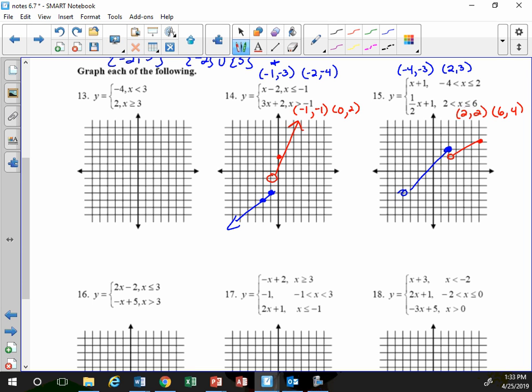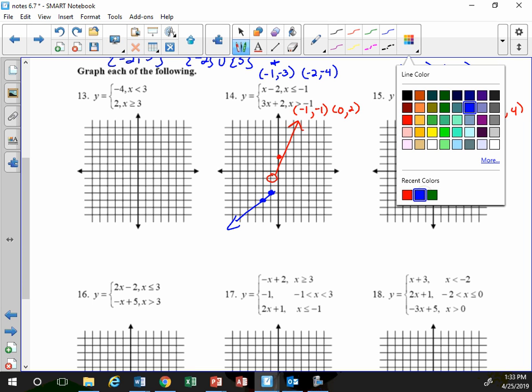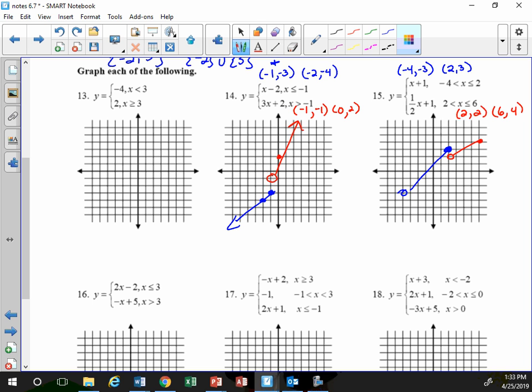Okay, let's go back to 13. What's weird on 13 is that you don't actually have anywhere to plug in your x value. So we can still make points based on that, or you can just think about what the line looks like. If we try to do it the point way, what x value should I start with? 3. What is my y value going to be? -4.